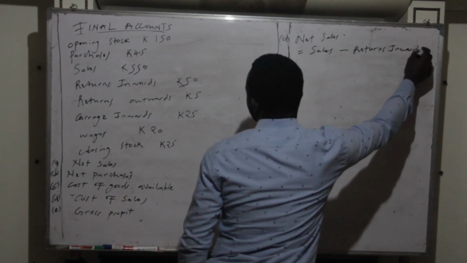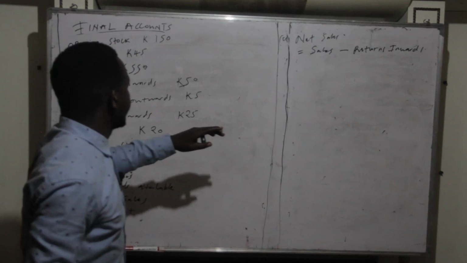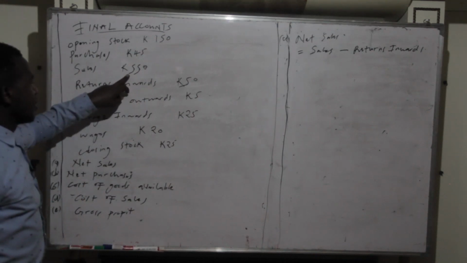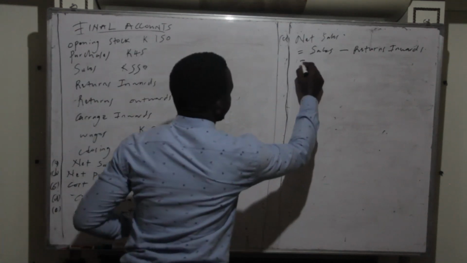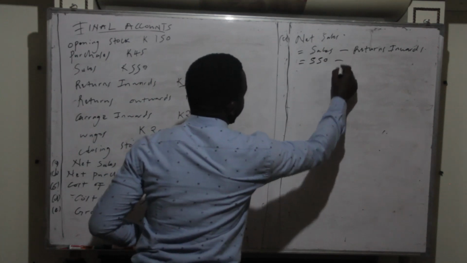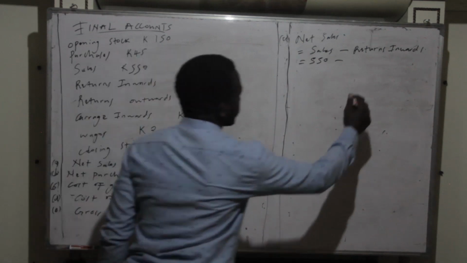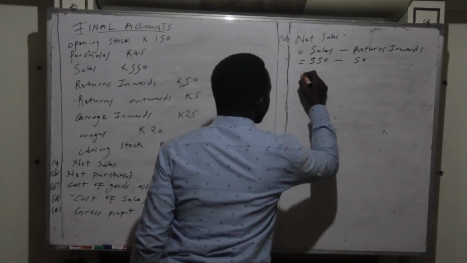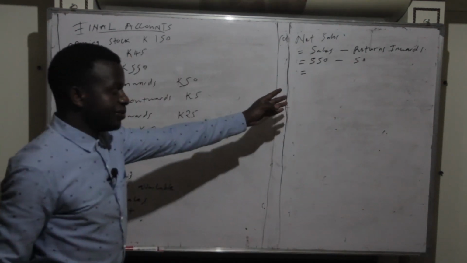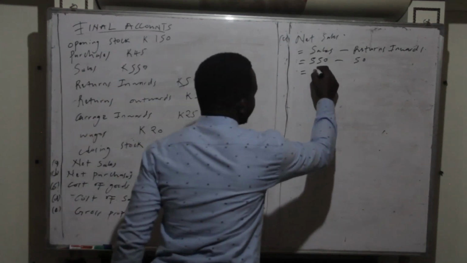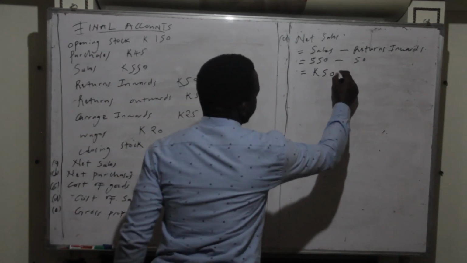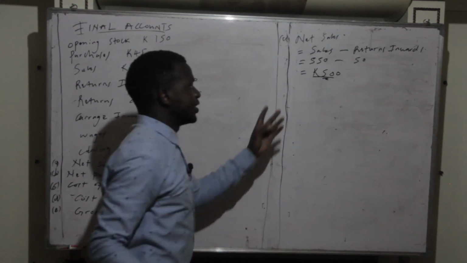So sales we have 550 there. So we're going to say 550 minus returns inwards. Returns inwards we have 50. So 550 minus 50, our answer is going to be 500 kwacha. So that's going to be our net sales.